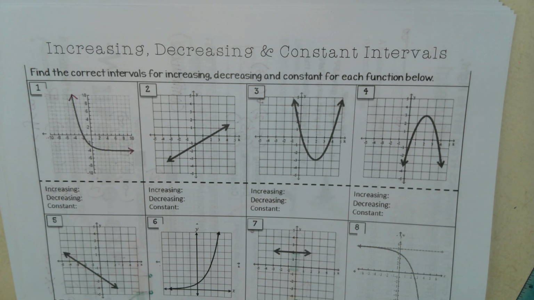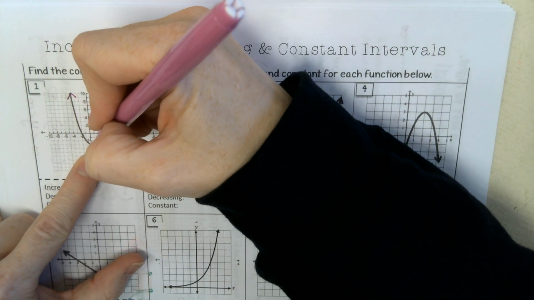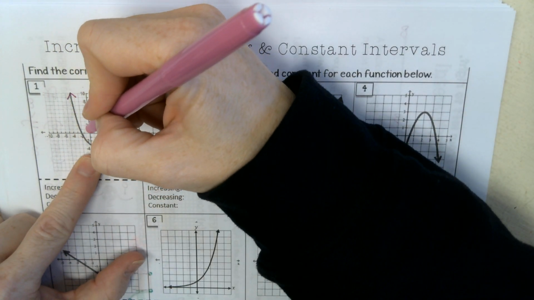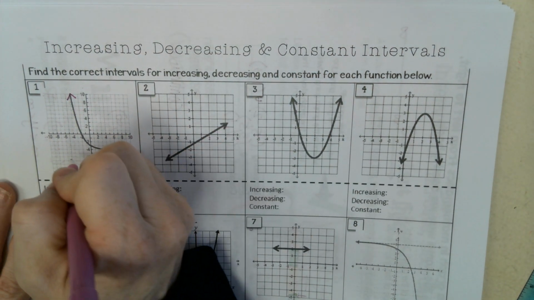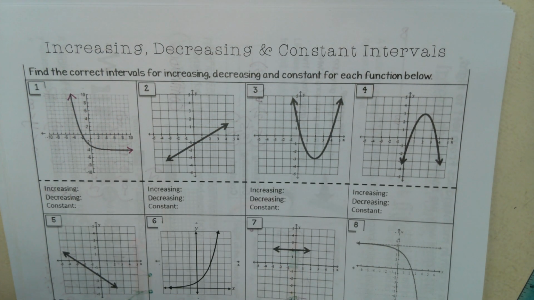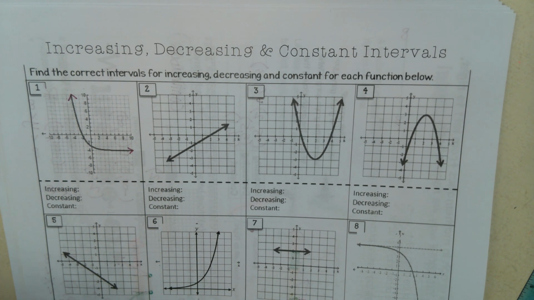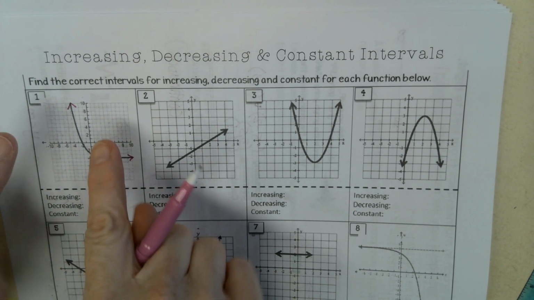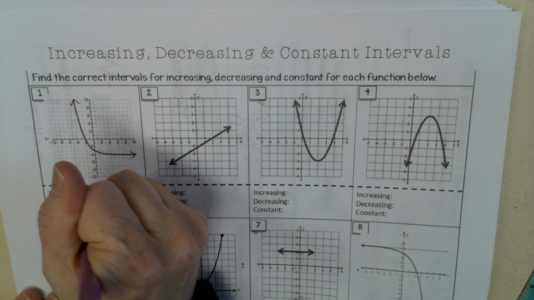Now, I need you to remember that with an exponential function, yes, it is flattening out, yes? But that does not necessarily mean that that is constant, because there is an asymptote there, and it can get closer and closer and closer to that asymptote, but it's not actually ever going to touch it. So this entire function is decreasing.